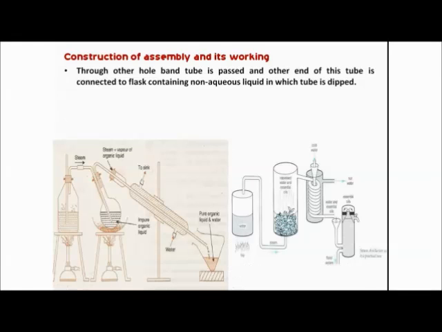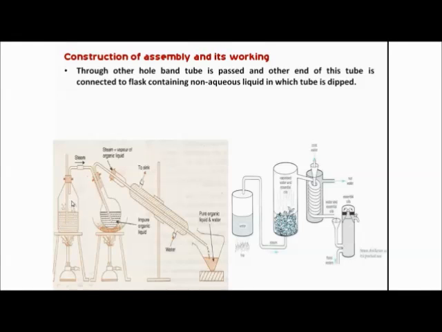So through the other hole, a bent tube is passed, and the other end of the tube is connected to a flask containing non-aqueous liquid in which it is dipped. From here the steam will be carried by the bent tube, right?